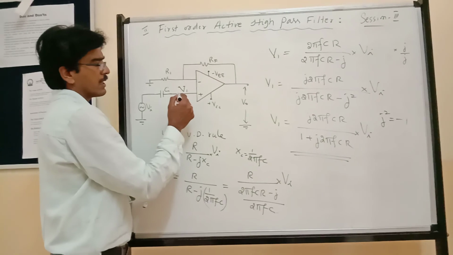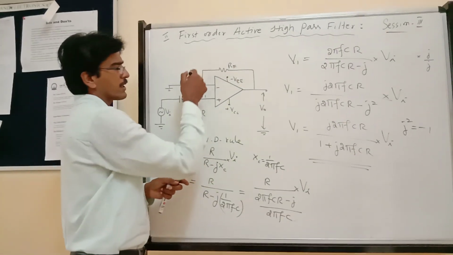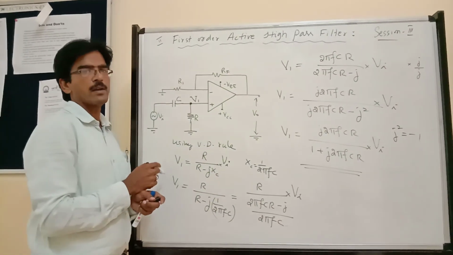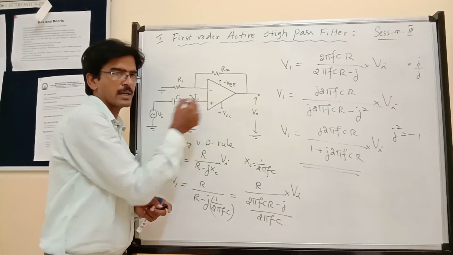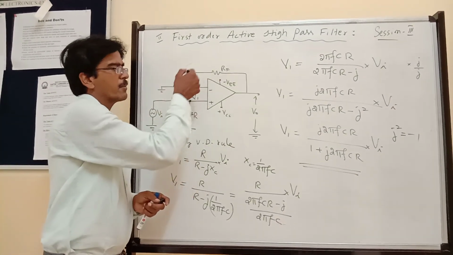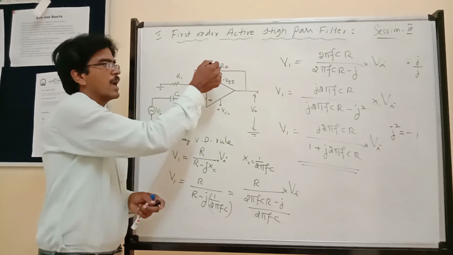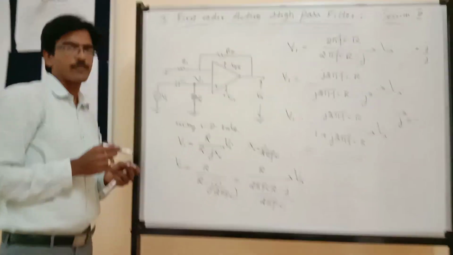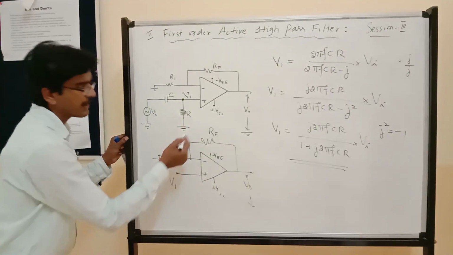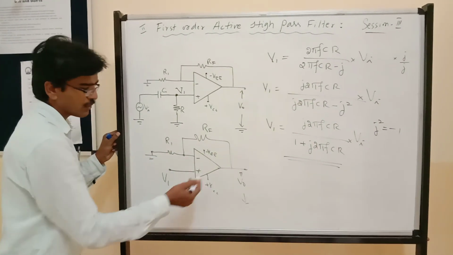Now, if I consider the voltage at this point, what is the circuit? This is a non-inverting amplifier. So when you apply voltage at non-inverting terminal of op-amp, and if you provide negative feedback using the potential divider network, it is a non-inverting amplifier. For this non-inverting amplifier, what is the closed loop gain?